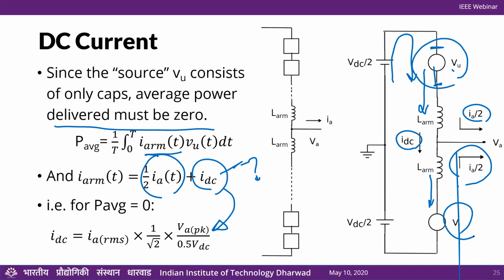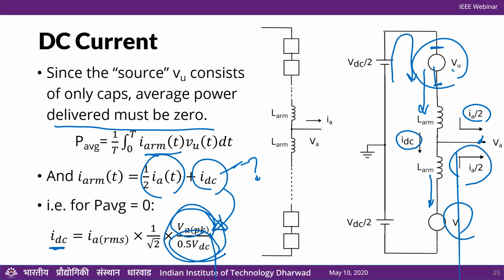Okay, so one other thing to look at, which I sort of skimmed through, is this value here. You can see that IDC is actually proportional to the peak value of the output voltage, VA peak, and it's proportional to the ratio of this VA peak divided by half VDC.